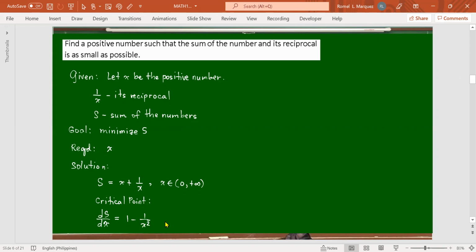What is that number? Equated to 0. Therefore, X squared minus 1 is equal to 0. X is plus or minus 1.